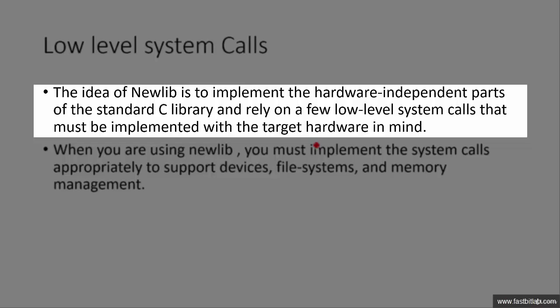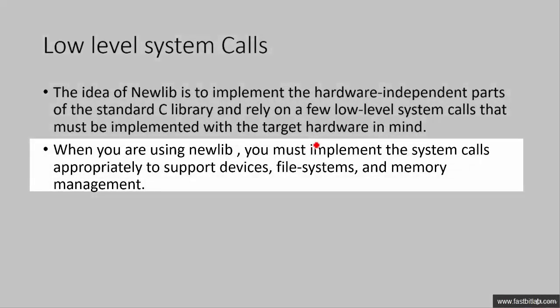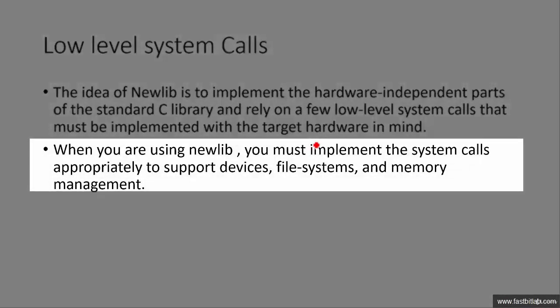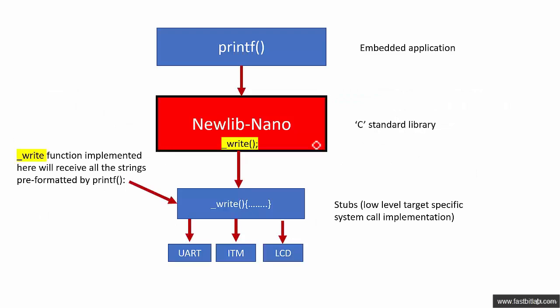That means NewLib doesn't provide low-level system calls which operate on the hardware units of the microcontroller. You have to provide them. When you are using NewLib, you must implement the system calls appropriately to support devices, file system, and memory management.